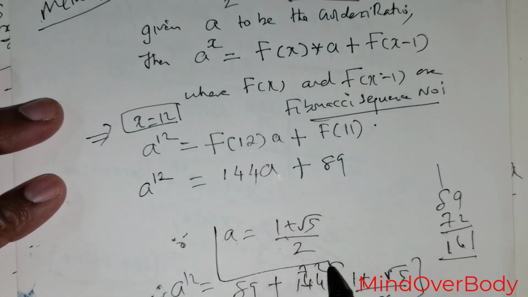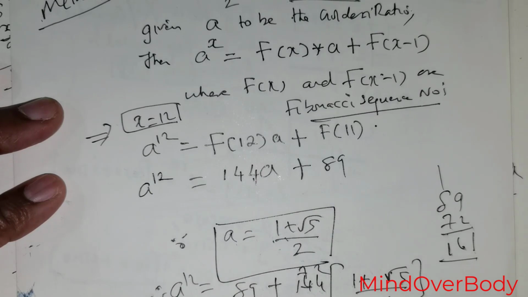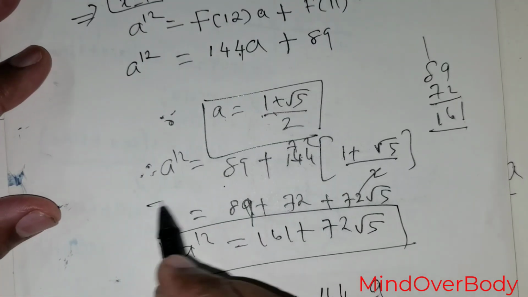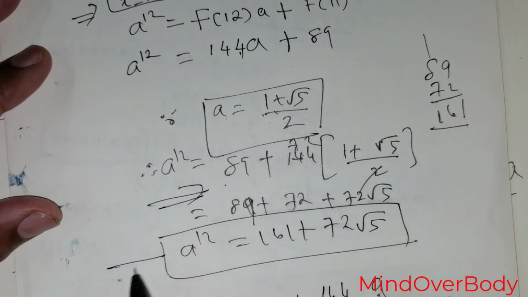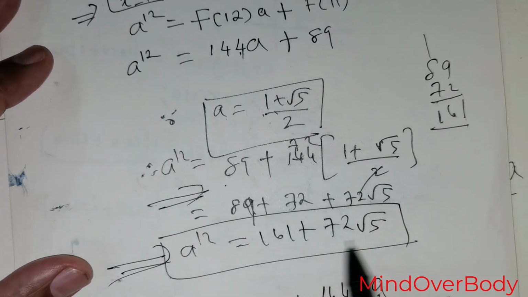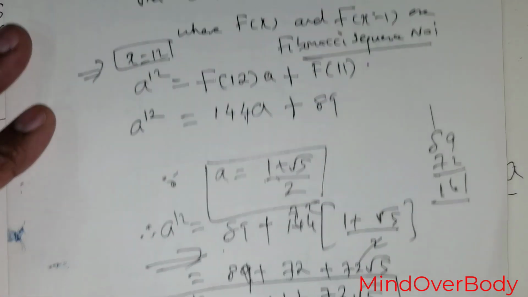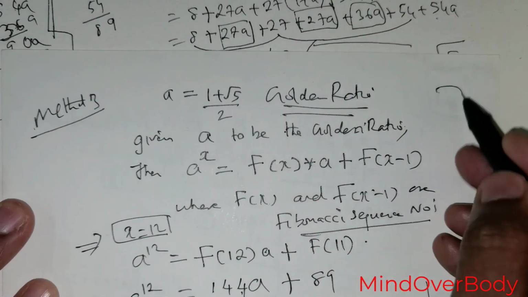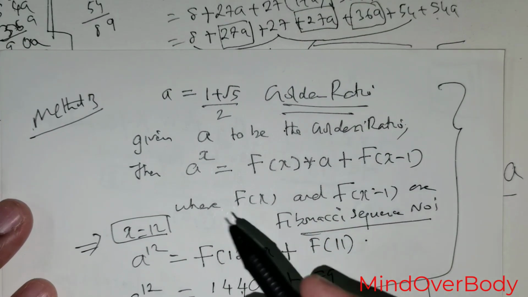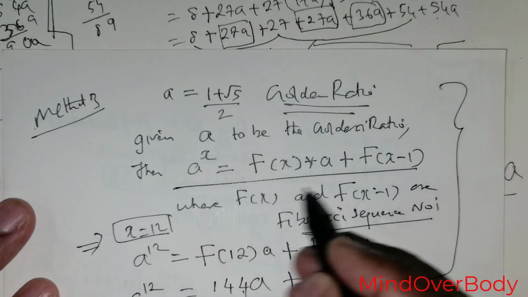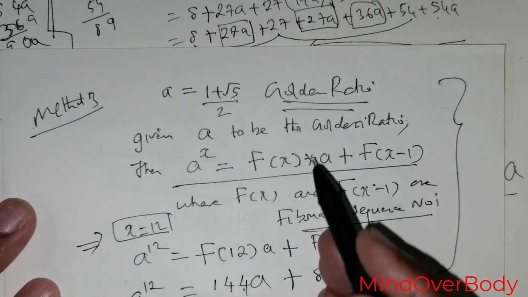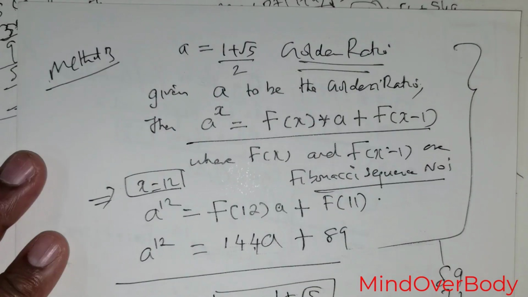Now clearly you can substitute the value of a here, and we would arrive at the same point, and subsequently we will be able to find out that a raised to the power 12 is 161 plus 72 times root 5. So you see that the number of lines, all that we need to do here is to know this relationship. Once we know this relationship, we will be able to obtain a raised to the power 12.